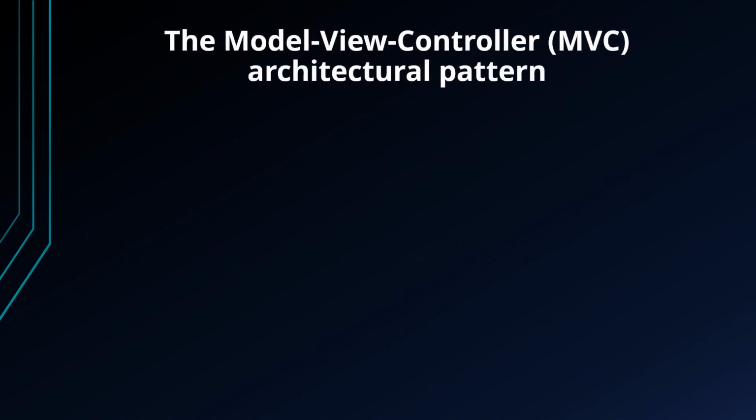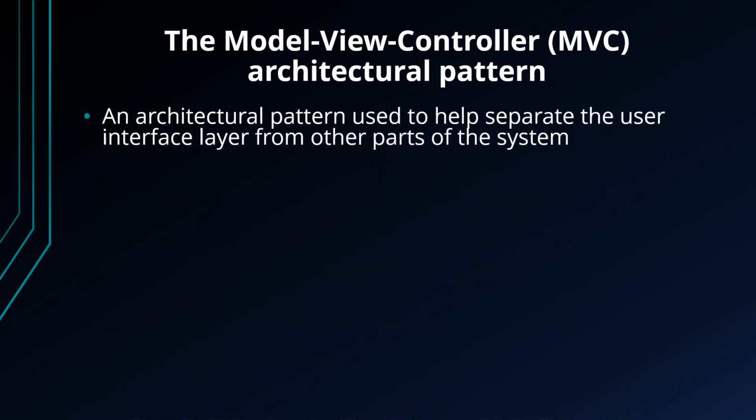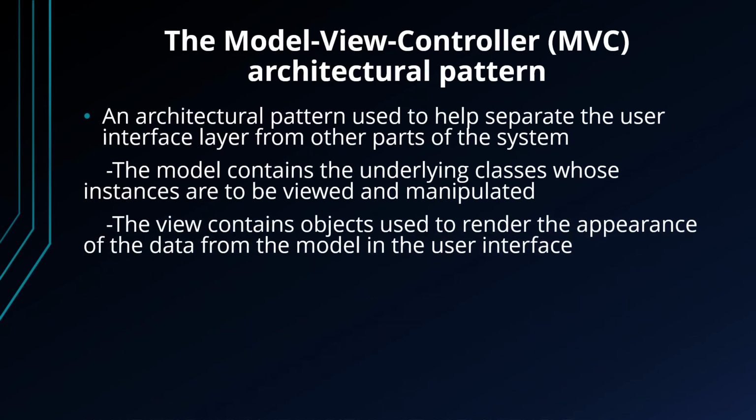So the Model View Controller, or MVC, architectural pattern. An architectural pattern is used to help separate the user interface layer from other parts of the system. The model contains the underlying classes whose instances are to be viewed and manipulated.